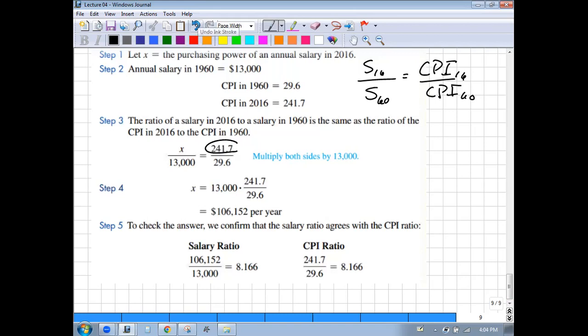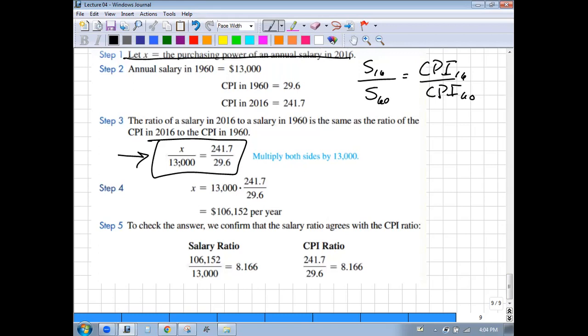Here's our CPI for 2016 versus our CPI of 1960. All right, so this is our setup. First we need to define our variable. We know what the variable is from the question itself. It tells us what to label our variable. Then we set up a simple ratio. From there, we just solve for X.